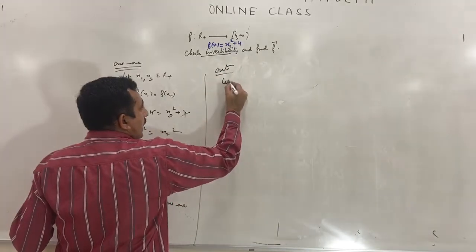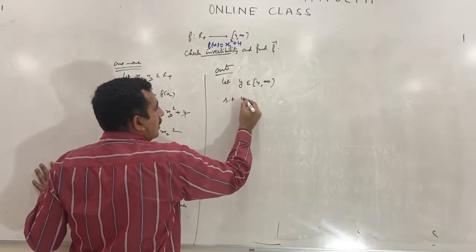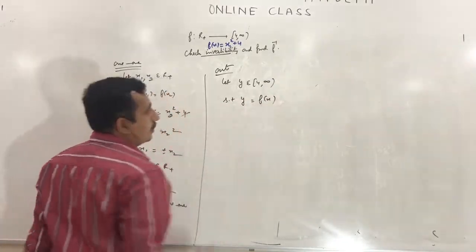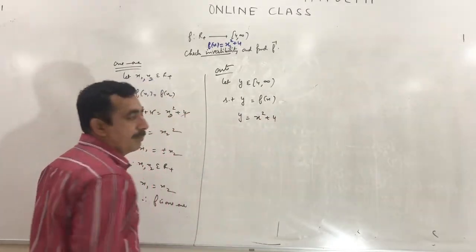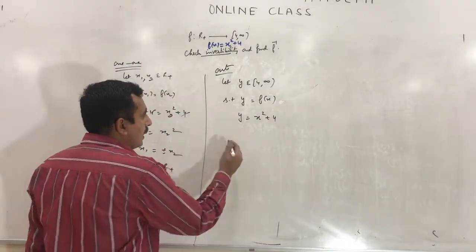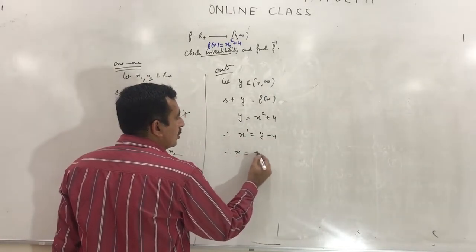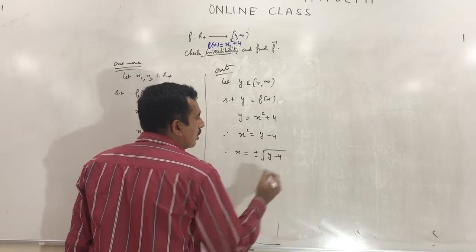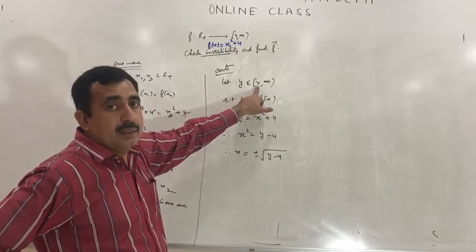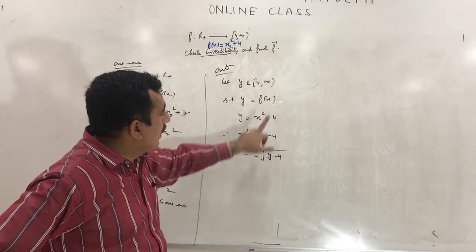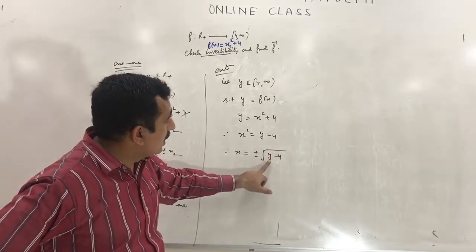For onto, let y belong to the codomain such that y is equal to x square plus 4. From this you have to find the value of x. So x square is equal to y minus 4, x is equal to square root of y minus 4. See, y is from 4 to infinity, all the numbers from 4 to infinity. If I put 4, I'll get 0. If I put 5, I'll get root 1. 6, positive.